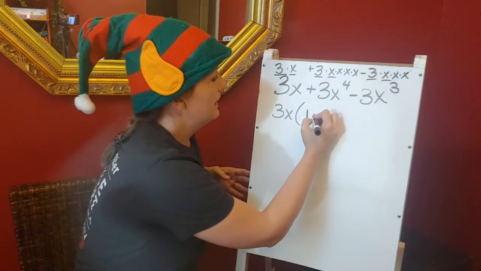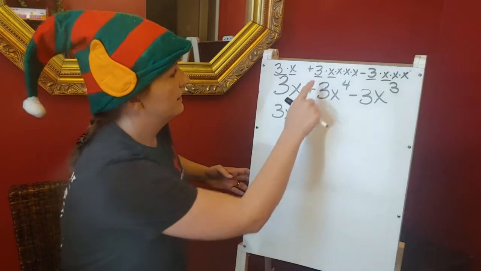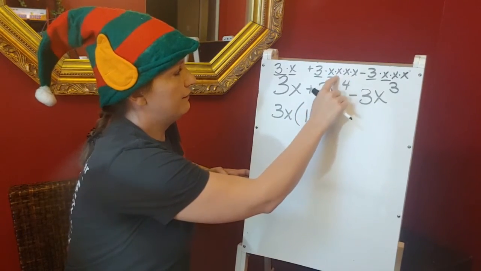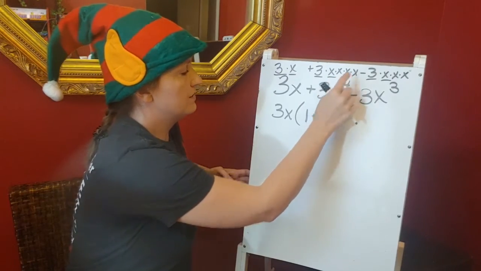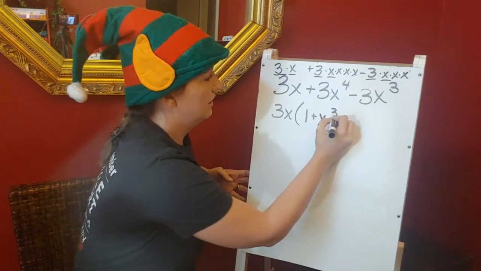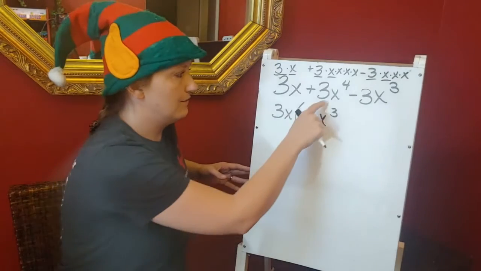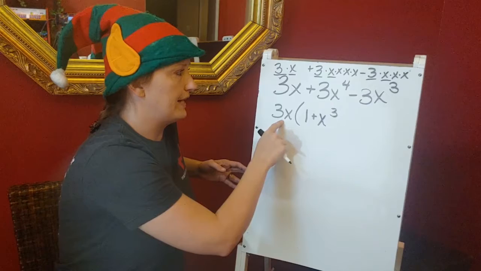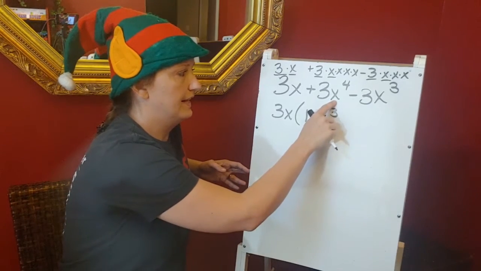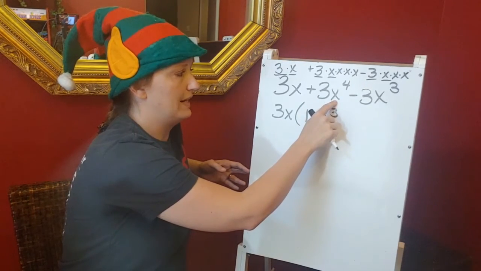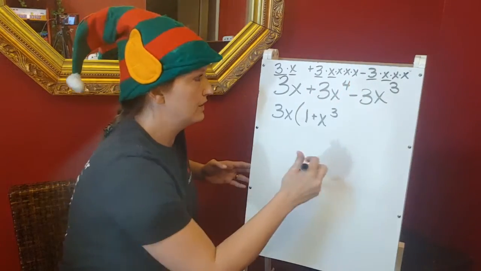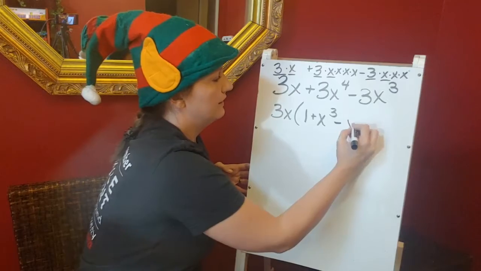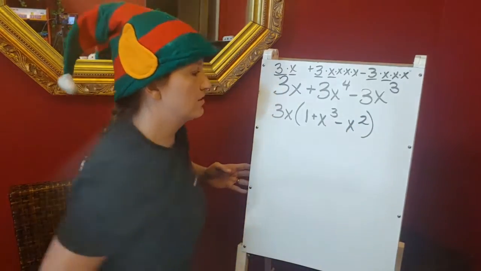And I'm going to add to that, factoring out 3x from this term, x cubed, which makes sense. If I take this 3x to the 4th and factor out 3x, that takes away the 3 and one of my x's, and that leaves me x cubed. And lastly, factoring out 3x, I'm left with x squared.